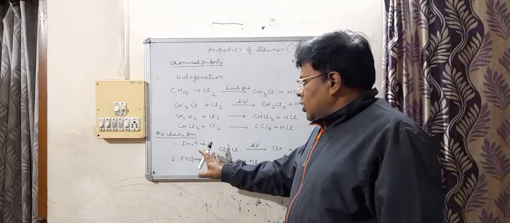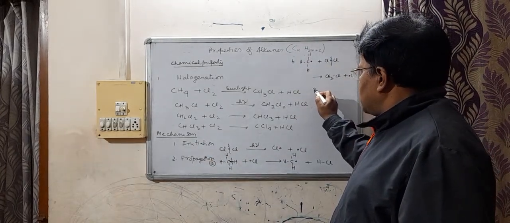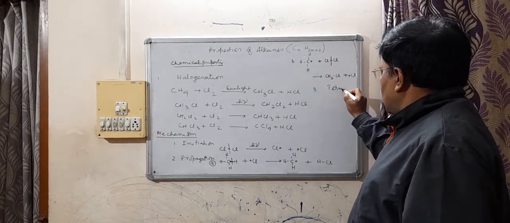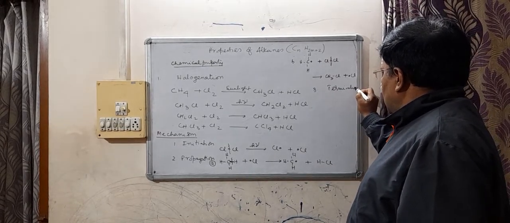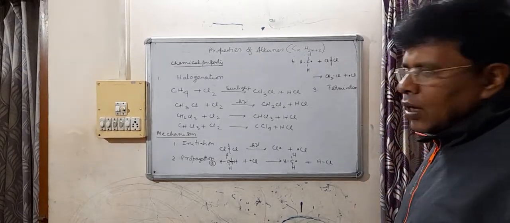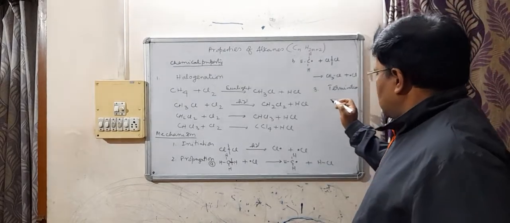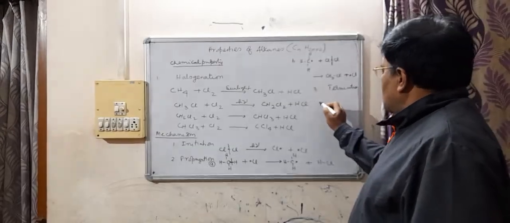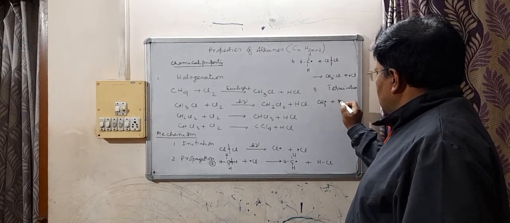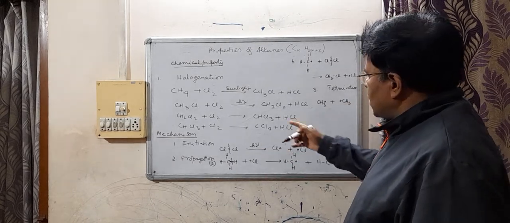So initiation, then propagation, and the final step in the free radical mechanism is termination. In termination, the free radicals disappear from the system. There will be a lot of methyl free radicals in the system.